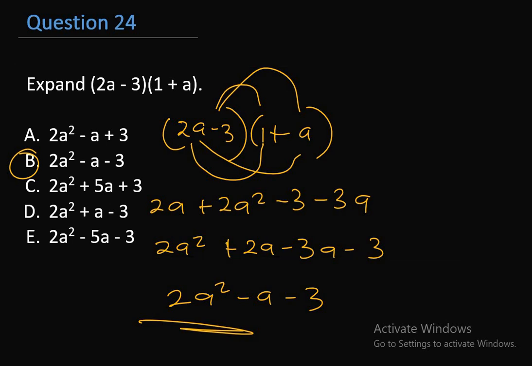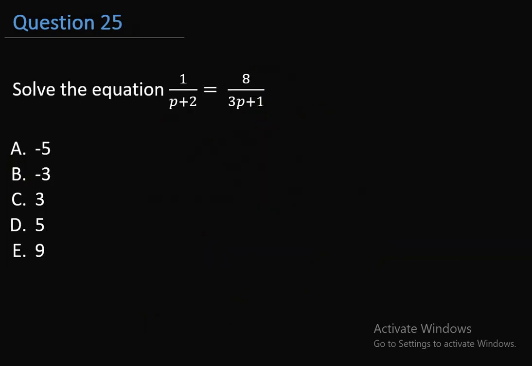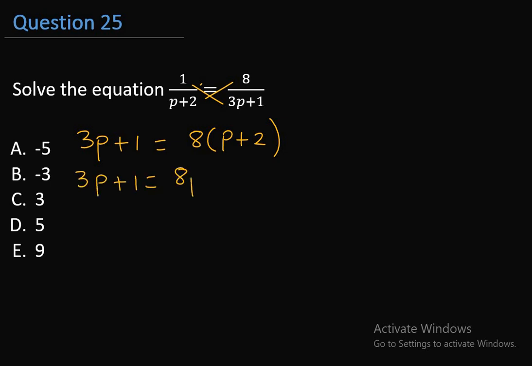Alright, the last question for today. Solve the equation 1/(p + 2) = 8/(3p + 1). Just cross multiply. 3p + 1 times 1 will give you back 3p + 1. Then 8 times this equal to 8(p + 2). So 3p + 1 equals 8 times p, 8p, plus 2 times 8, 16.